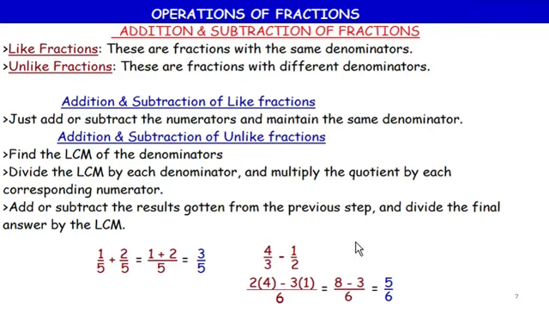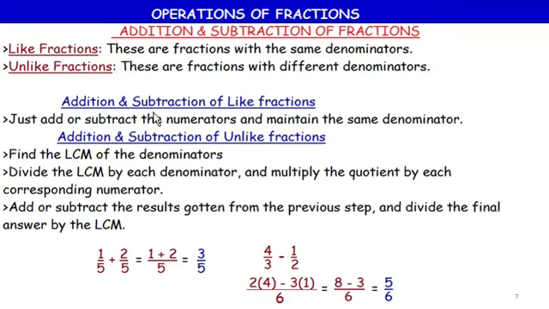That is what unlike fractions are. Now, our understanding of these two categories of fractions will help us in adding or subtracting fractions, because the way we add or subtract like fractions differs from the way we add or subtract unlike fractions.